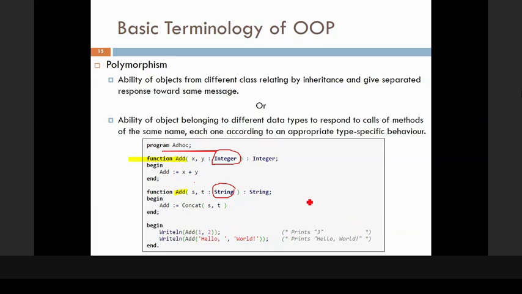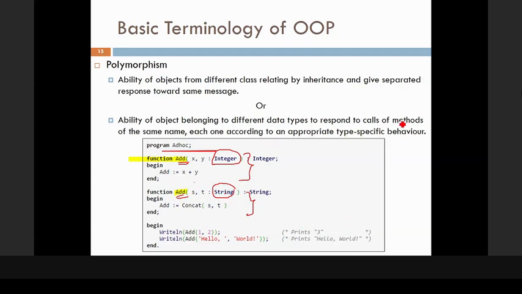Understand? But they are using the same name, add, doing different things. Can you see that? Yes, madam. That is polymorphism. It has the same name but does different things.